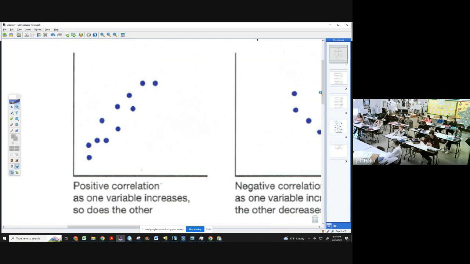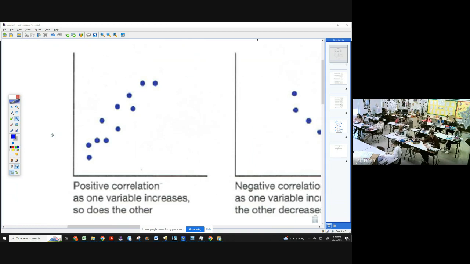Let me draw this little line here. There is a thing called a line of best fit, which means when you look at this little graph, you want to try to draw a line. This is not a precise or exact thing. You just have to be relatively close.